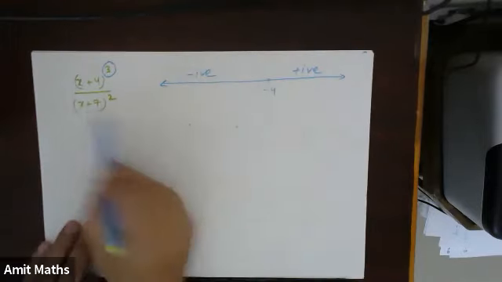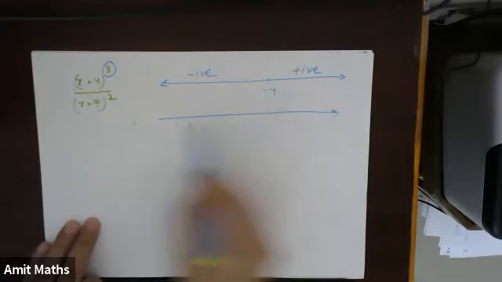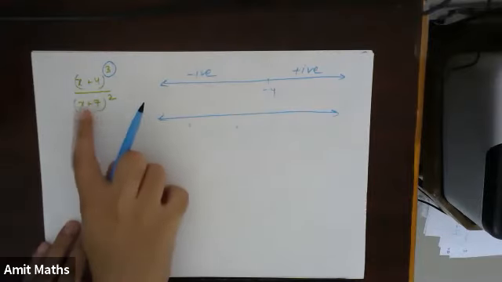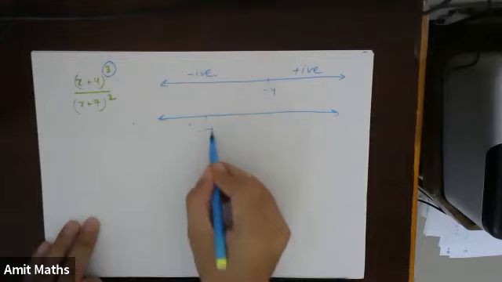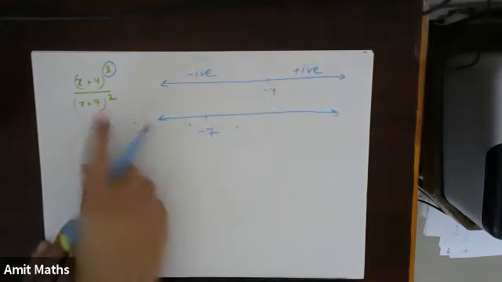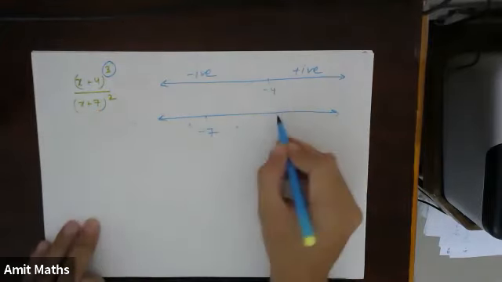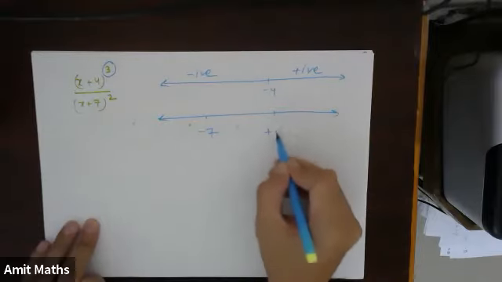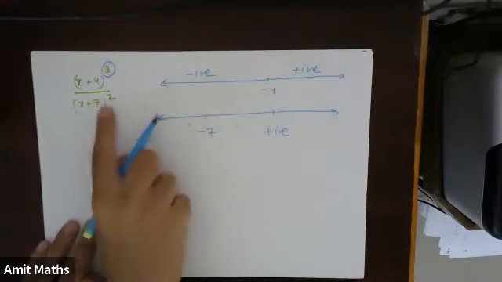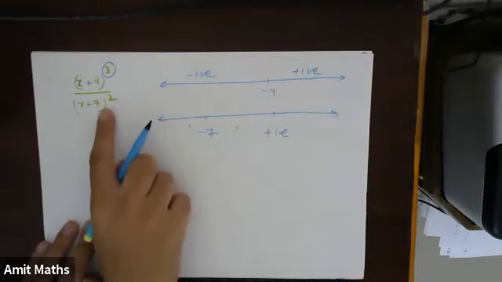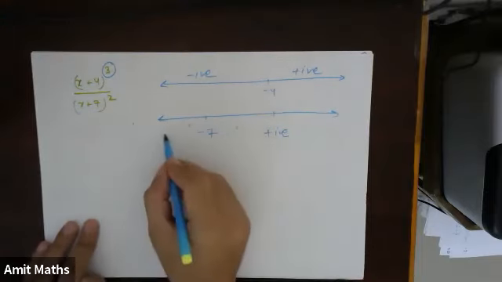Now on the same number line, I will write the root of the other factor. For this one I will get minus 7. After minus 7 this will be positive, and before minus 7, because this is a square, it will still be positive.